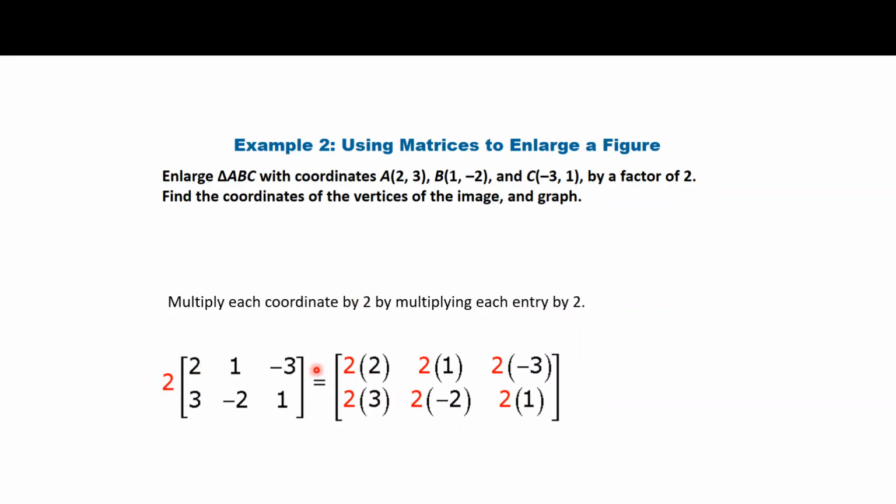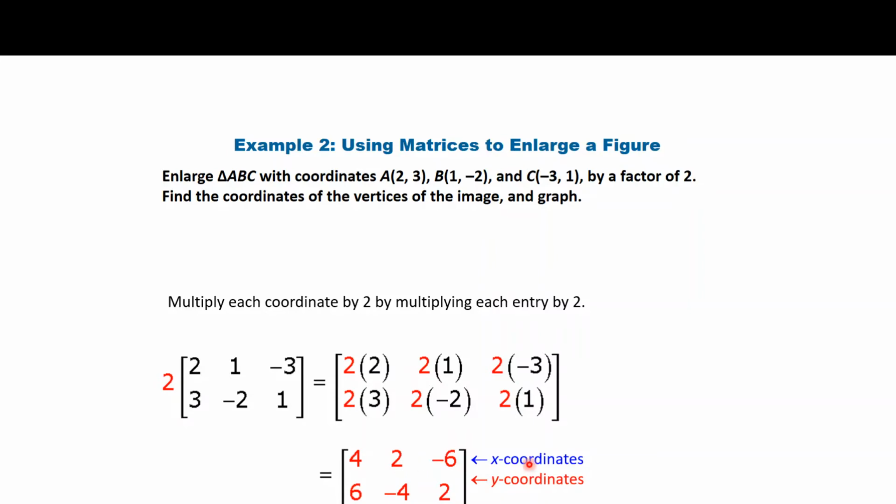So 2 times 2 right here, 2 times 1 here, 2 times negative 3 here. Now do our bottom row, 2 times 3, 2 times negative 2, and 2 times 1 goes here.